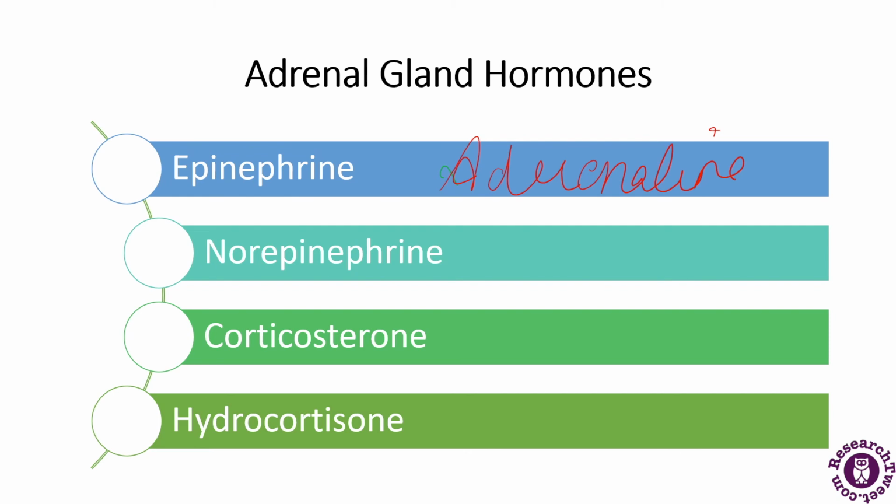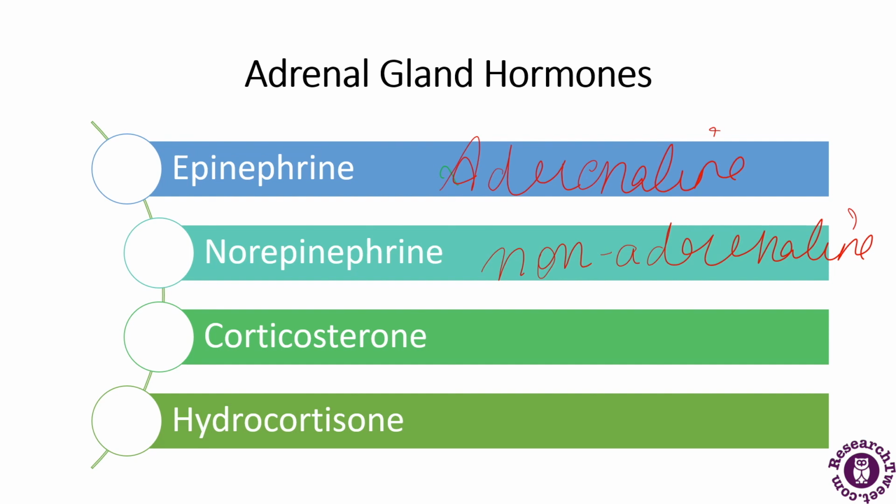This is the main function of epinephrine. Norepinephrine, or noradrenaline, works with epinephrine in reacting to stress. Its primary function is to mobilize the body and brain for action.